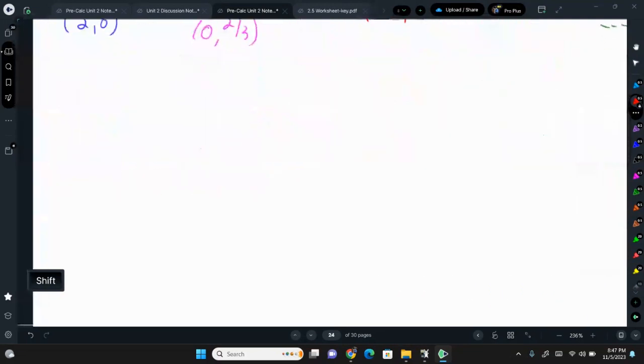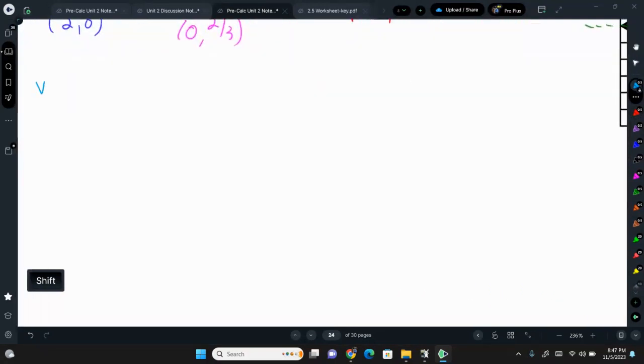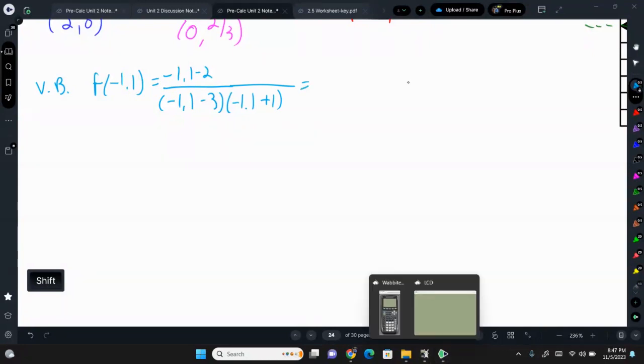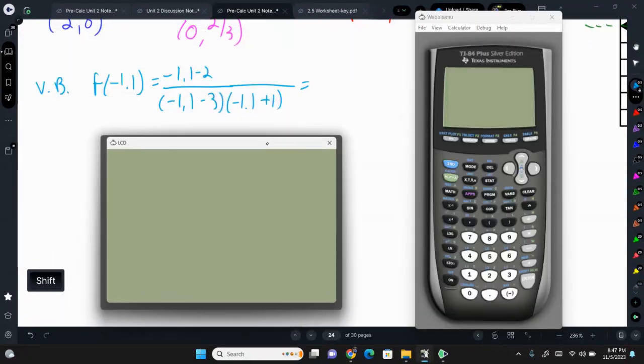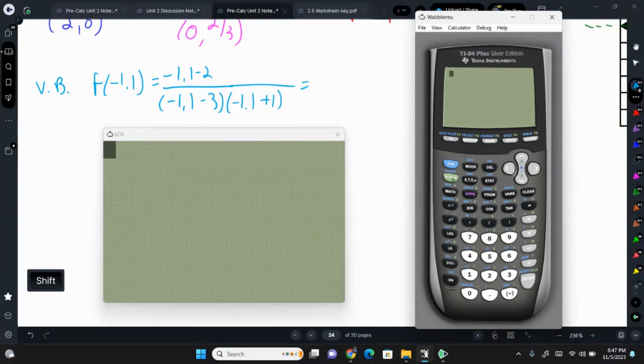So vertical behavior, so f of negative 1.1, so we have negative 1.1 minus 2 over negative 1.1 minus 3 times negative 1.1 plus 1. And when you have multiple factors like this, then you might really need to look and use your calculator to see if you're going to have a positive or negative value.